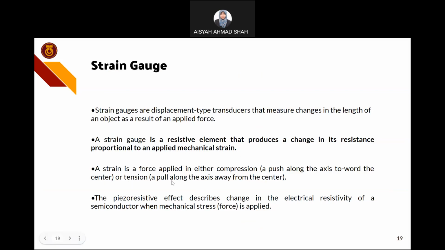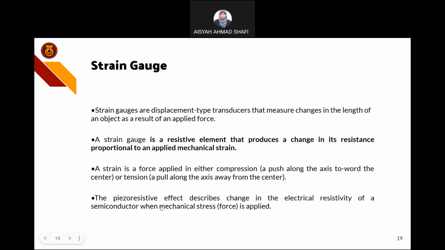So strain gauge is the force applied in either compression, so that means when we compress, we also have changes of the resistance, and when we apply tension or elongate it, it also has changes of resistance.